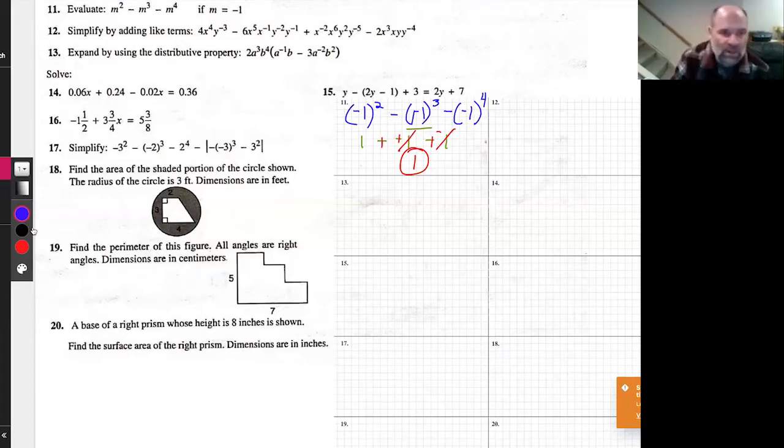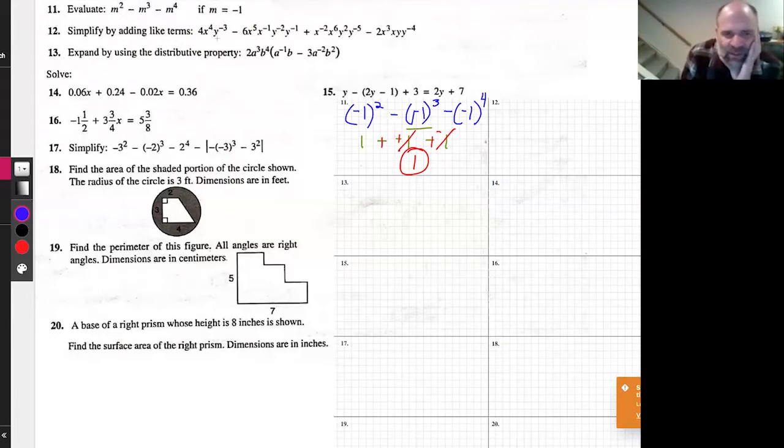All right, number 12. Simplify by adding like terms. Okay, well, it's hard to tell that they're like terms because they're not cleaned up. So let's clean up each of these terms first. This one looks pretty good. I'm going to leave it as a negative exponent for now.